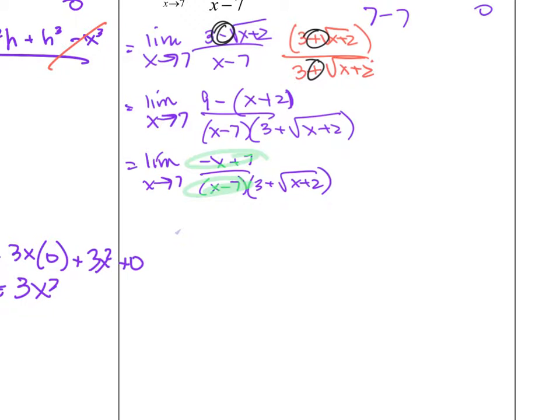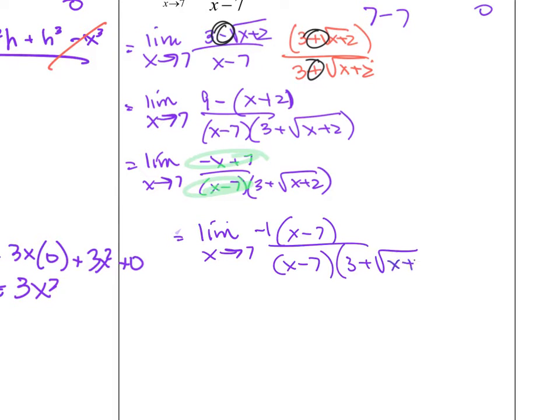Okay, so I am doing the limit as x heads to 7, and in that numerator, I'm going to factor out a negative 1, so that those two factors will be able to reduce to 1.